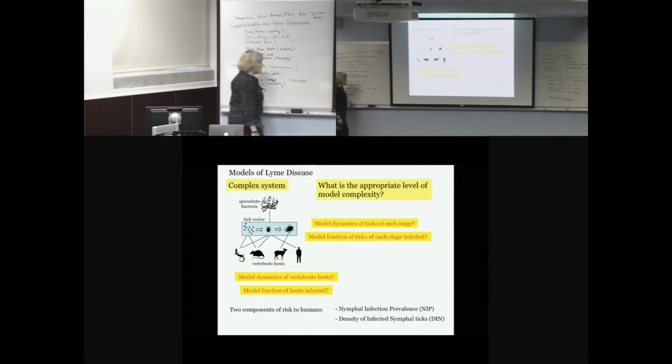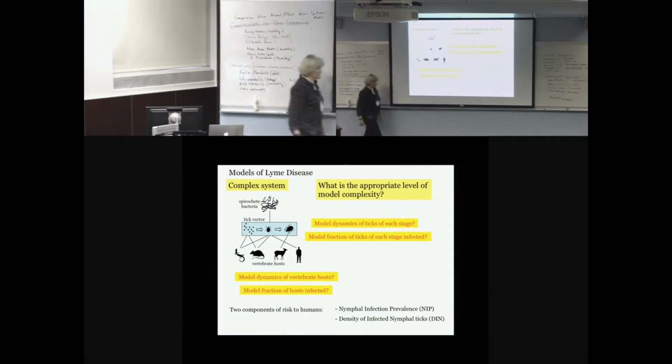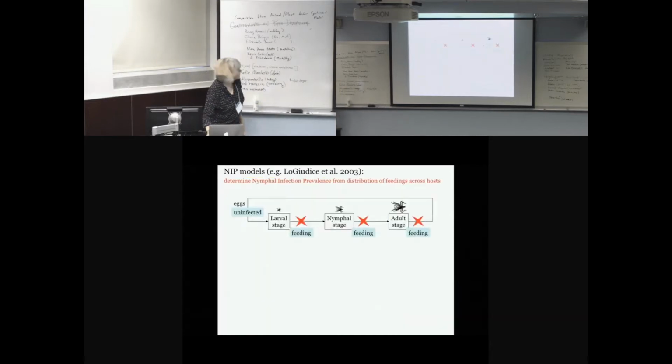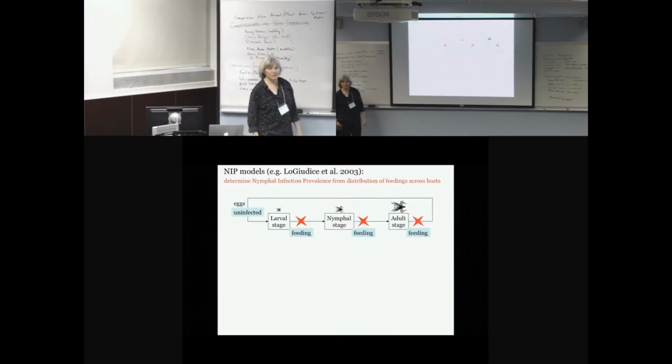And so in trying to model these two components of risk, the nymphal infection prevalence and the density of infected nymphs, it turns out, because of the kind of cool life cycle of the tick, models of nymphal infection prevalence are really easy, and they're really just sort of a bookkeeping exercise.